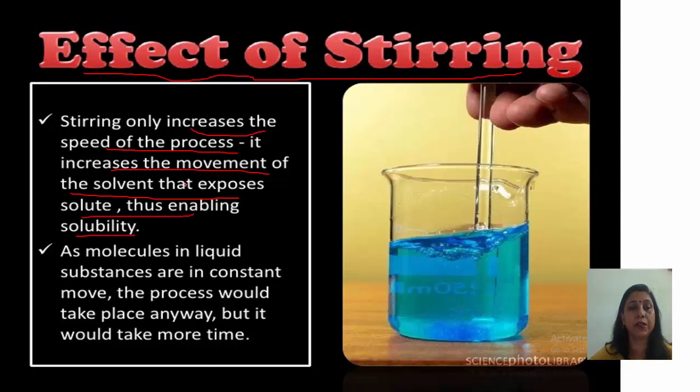Means solubility increases. As molecules in liquid substances are in constant motion, the process would take place anyway, but it would take more time. Means if we take 2 glasses of water and add 1 spoon sugar in each, leave one as it is and stir the other, the one we stir will dissolve more fast. The one we do not stir will also dissolve, but it will take more time.